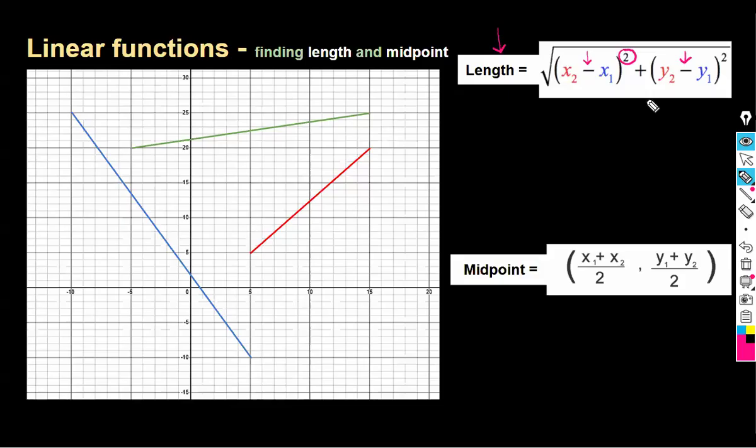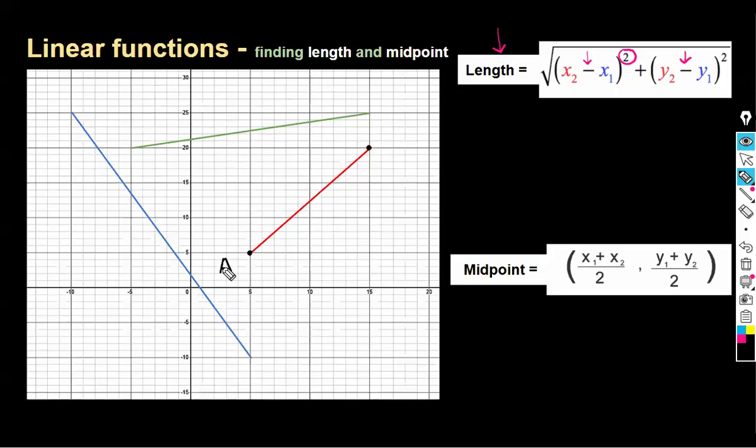There will be no need for graph paper at this point in time. I just want you to draw a line, and I'm going to put the points at the beginning of the line and the end of the line. If you're finding the length of a line, you have to use the point at the beginning and at the end.